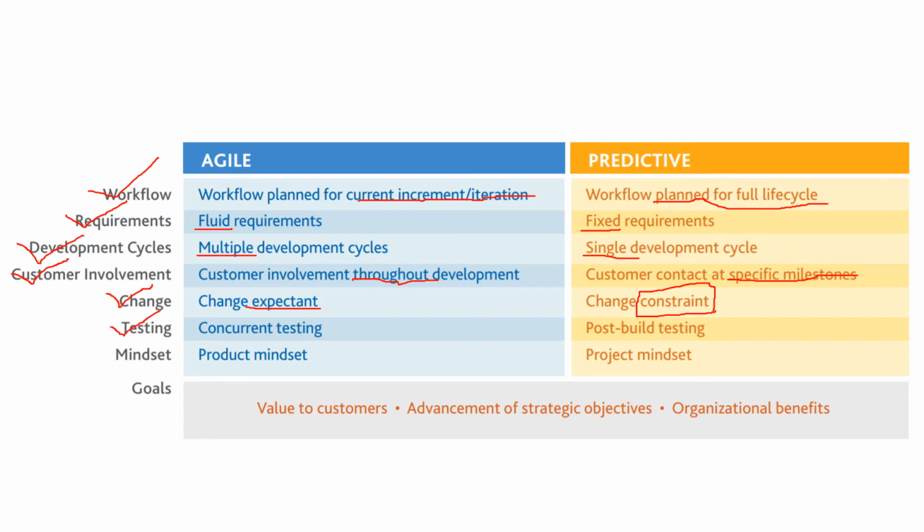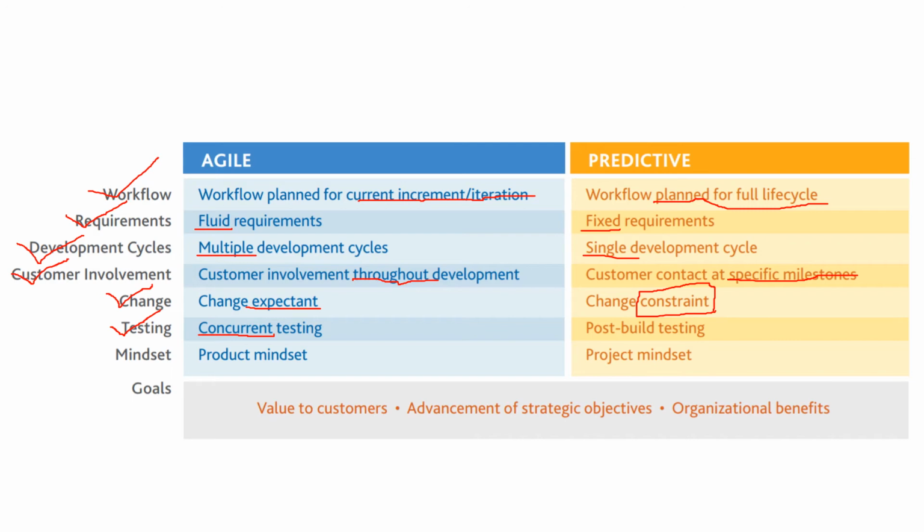Testing. Just like development, there will be multiple cycles of testing as well, and as we do development, we will concurrently be testing the code or whatever you're building, right? If you're doing a software project, of course it will be coding that needs to be tested, and it will be tested concurrently when we talk about agile.